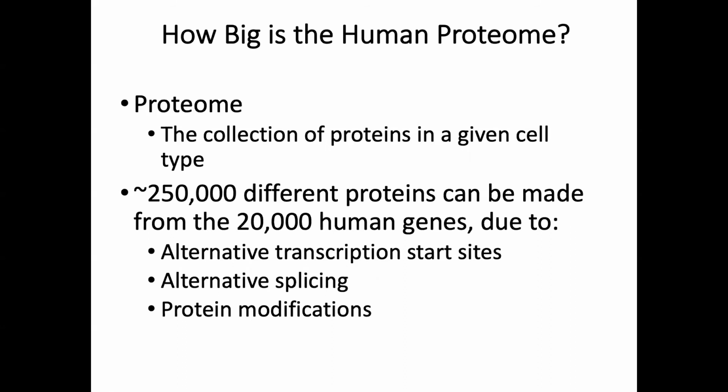Interesting, about 250,000 different proteins can be made from our 20,000 human genes, more than 10-fold more. We learned that alternative splicing can contribute to the numbers, and alternative transcription starting sites and protein modifications can also contribute to the complexity of the human proteome.